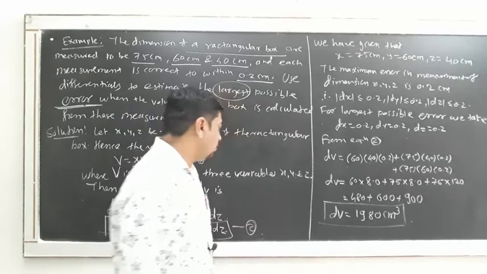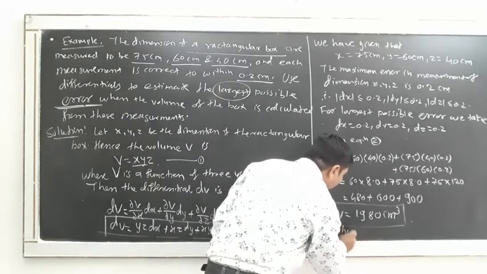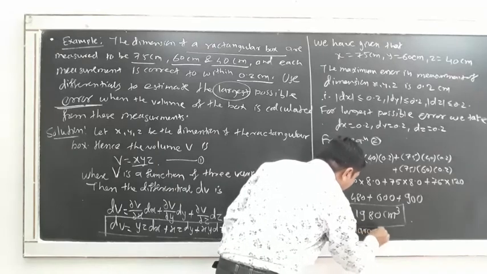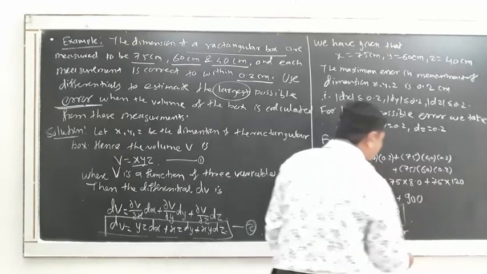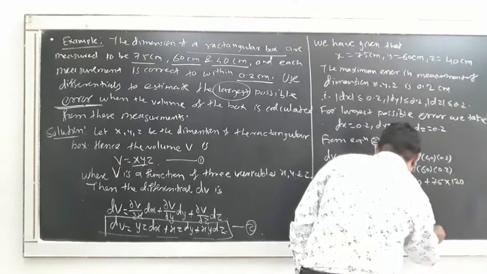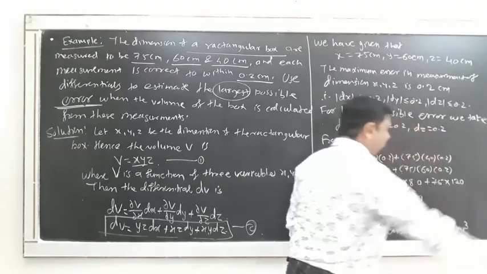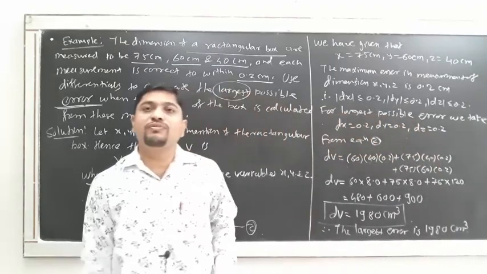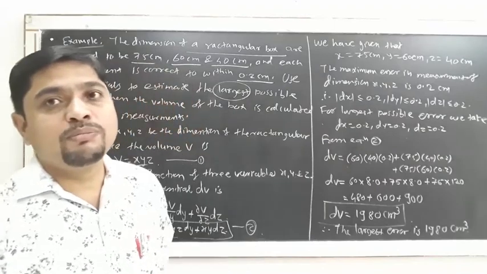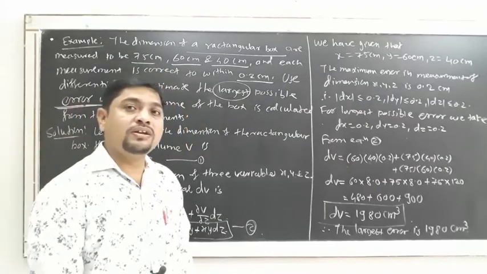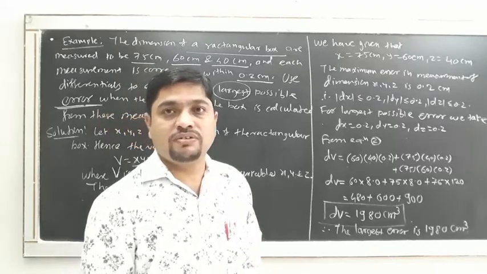Therefore you can write the maximum or largest error is 1980 centimeter cube. It is in centimeter cube, so you may think it is very high, but it is not that high. It is just about 1% error in a rectangular box.